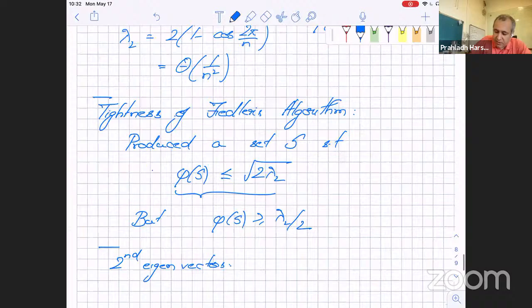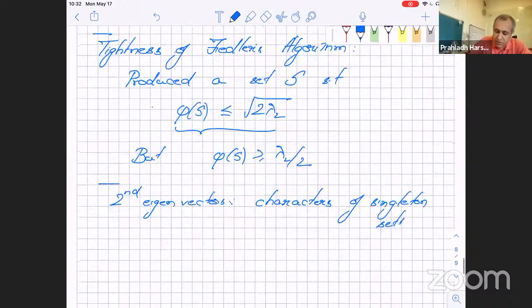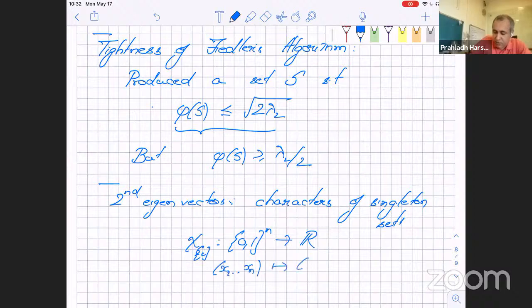The second eigenvectors corresponded to characters of singleton sets. In particular, it corresponded to these guys, chi of i, going from {0,1}^n to R, in which x1 to xn was being mapped to -1 to the power xi. And all of them had second eigenvalue 2 over n.